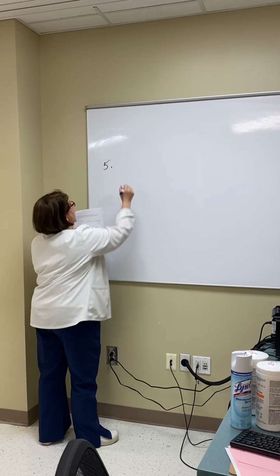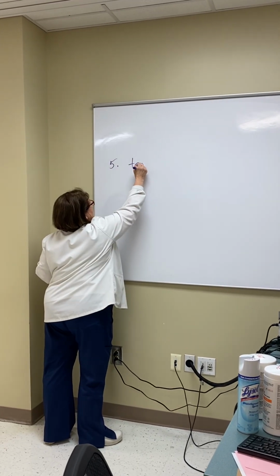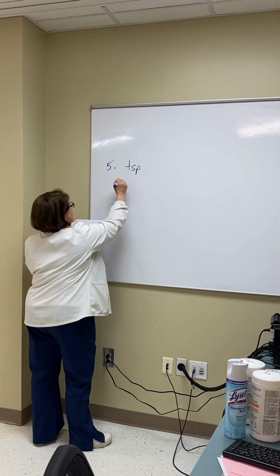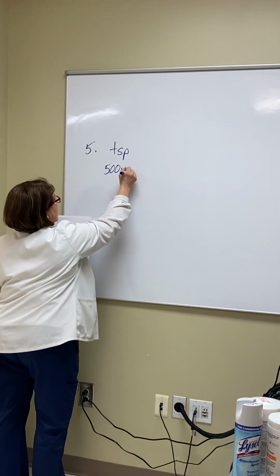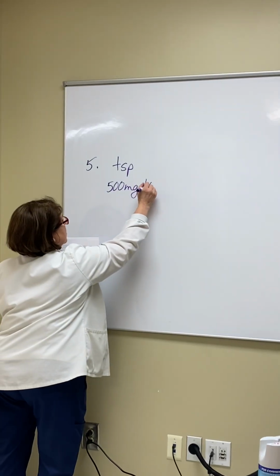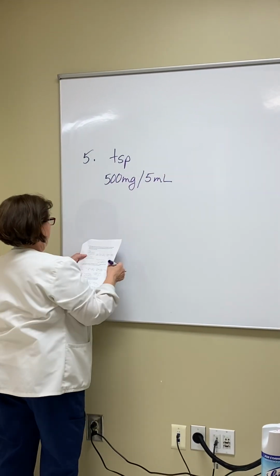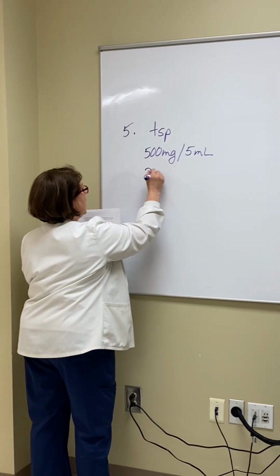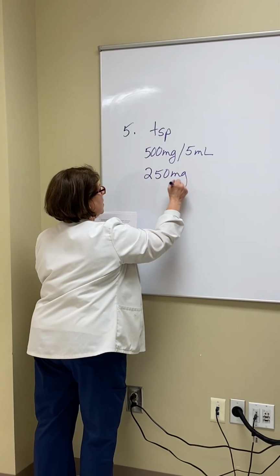Okay, so our answer label here is teaspoons. So I'm going to write our data down. We've got 500 milligrams per 5 mLs. The dose that the doctor ordered is 250 milligrams.